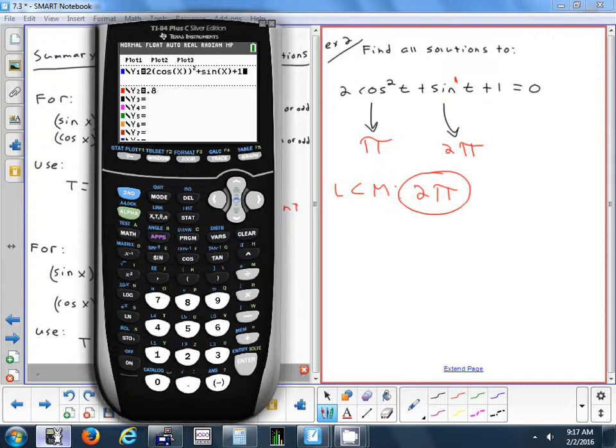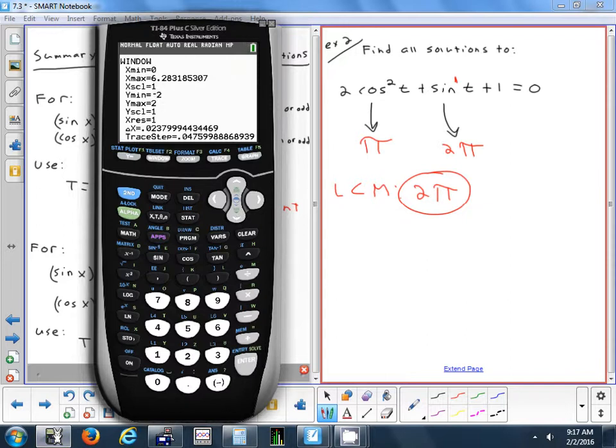And if you double it? 2. So this part could hit 2. What's the highest sine goes? 1. And that's 1. So 2, 1, and 1. If everything lined up just right, the highest this could really go is 4. First part can go to 2, second part 1, and the last part is always 1. So I'm going to set my y max at 5.